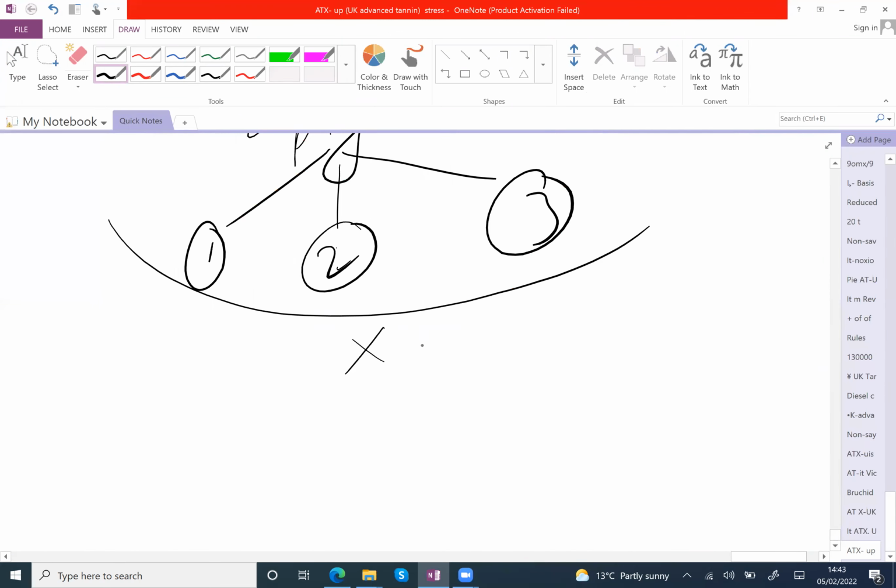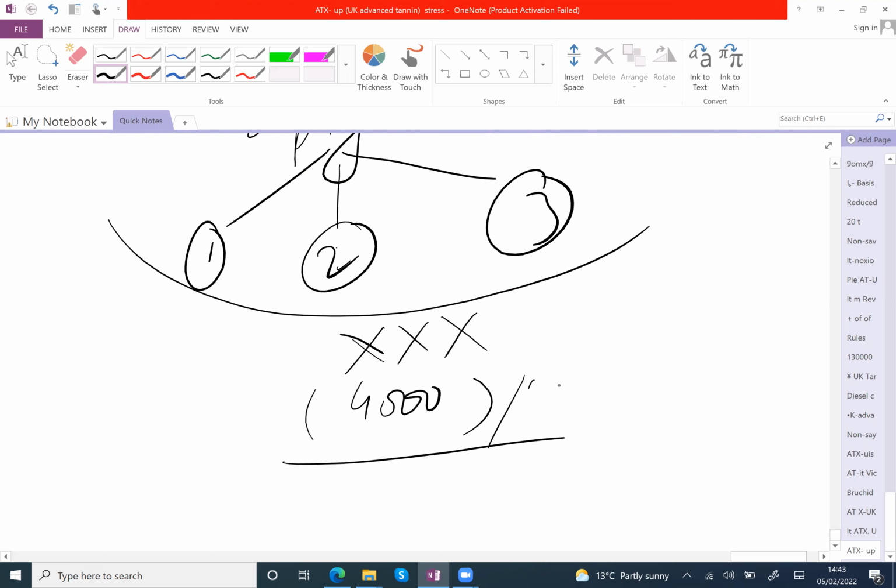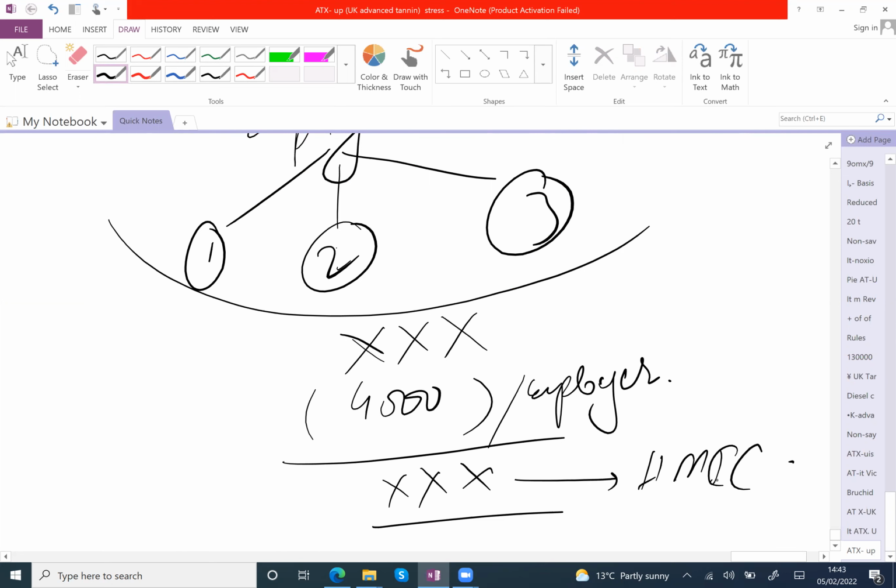On total NIC, the employer will get this 4,000 allowance deducted, and this 4,000 is per employer, not per employee, and the remaining NIC the employer will pay to HMRC. So only on class 1 NIC.